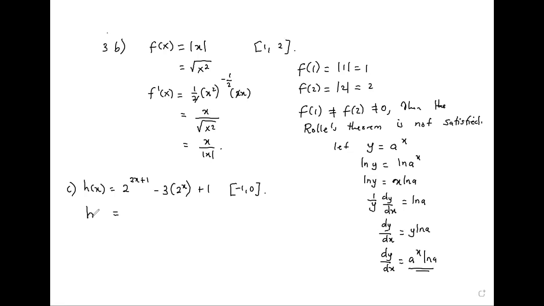So the derivative of that piece is going to be 2 to the power 2x plus 1 multiplied by ln 2, minus 3 ln 2 to the power x. Since 3 is just a coefficient there, when we apply this, we'll get that.